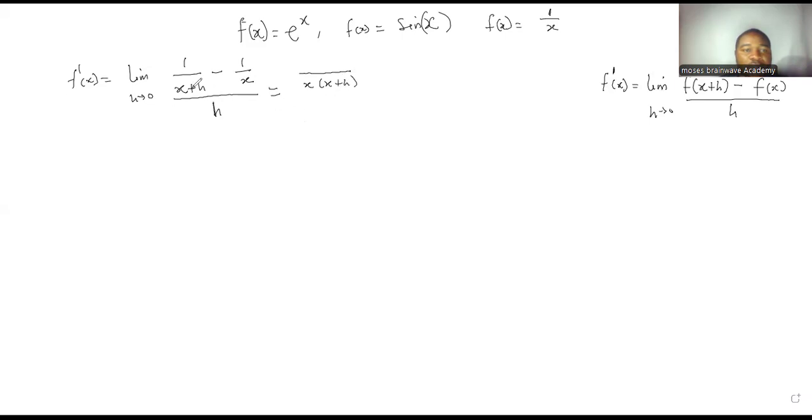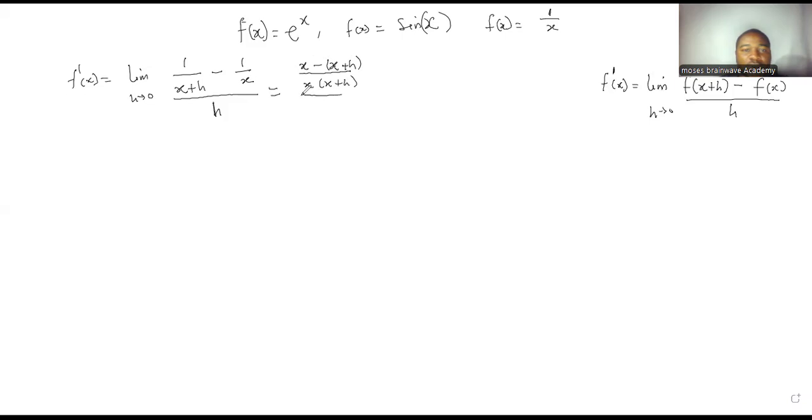So x plus h into this denominator, I'm going to get x. So here I'm going to have x minus. Now when x goes into the denominator, I'm going to get x plus h, right? Fantastic. So I've been able to put these fractions together.